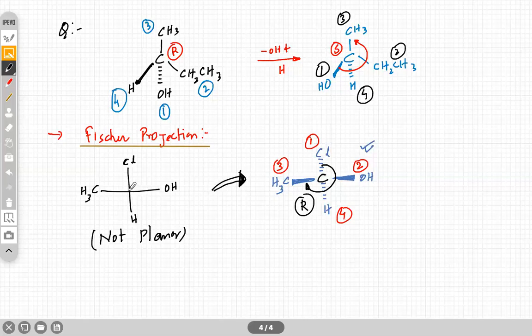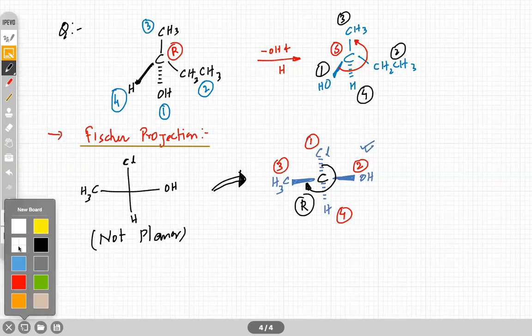You can have 2 chiral centers also in a given molecule, right? Mostly you will get 2 chiral centers. I'll give you one example of 2 chiral centers also. Look at this example.